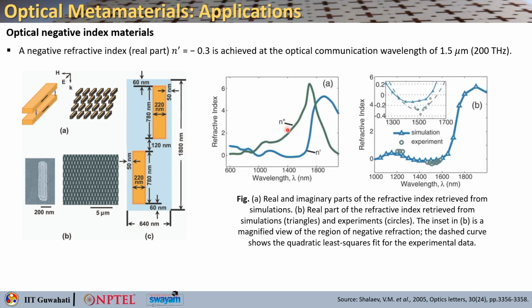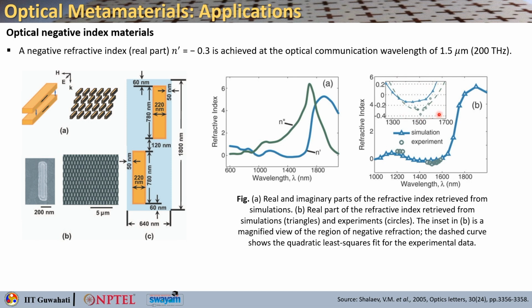Here n prime is the real part and n double prime is the imaginary part of the refractive index, which is obtained from the simulations, and this is what you see from the experiments. So, these lines are the simulation and the circles are basically the experiments.